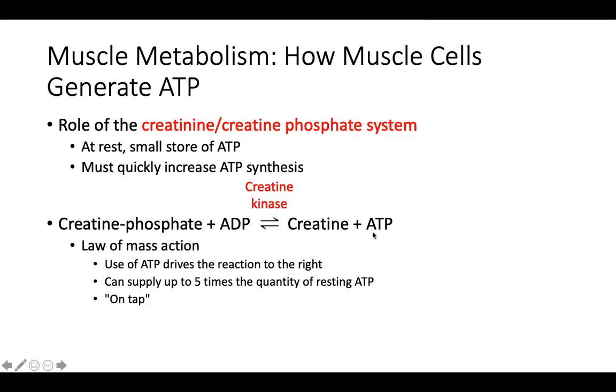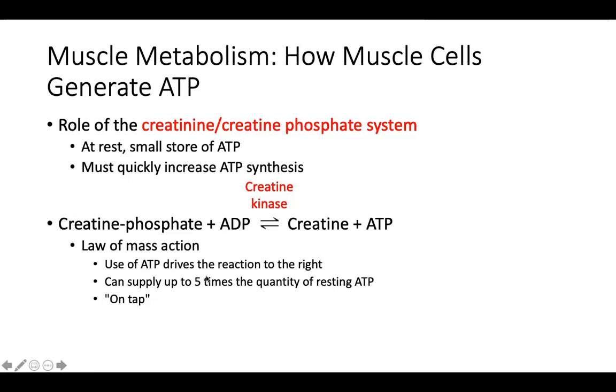And so that's going to drive our reaction back towards creatine phosphate, and we're going to keep that sitting on tap for when we have another muscle contraction that needs to use this transient source of ATP.